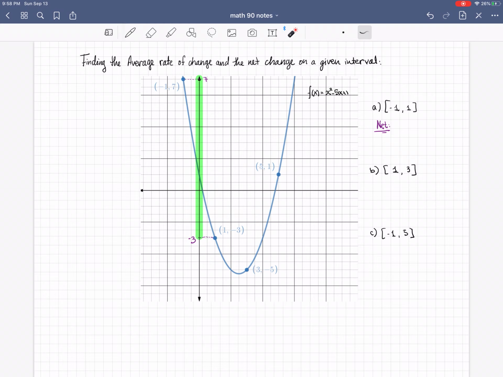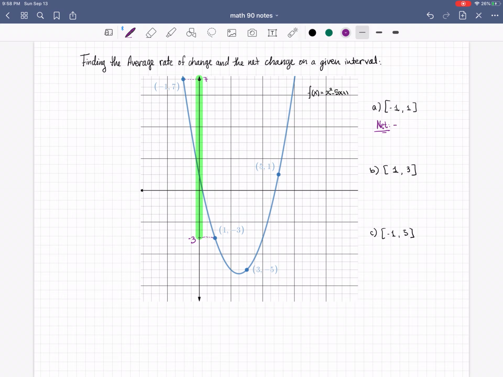At the start of this interval, the value of the function is 7. And then as x moves from -1 over to 1, the value of the function falls from 7 down to -3. So the net change is actually negative.